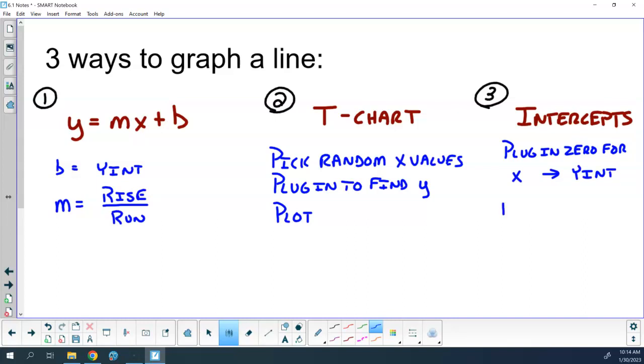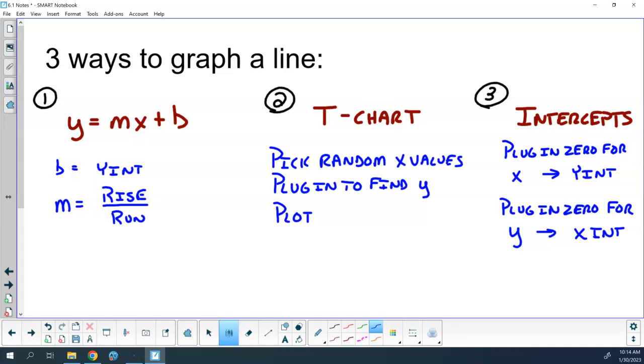If you plug in 0 for y, you get the x-intercept. And since you need 2 points to make a line, there's your 2 points. Okay? So that's just a quick little recap on that.